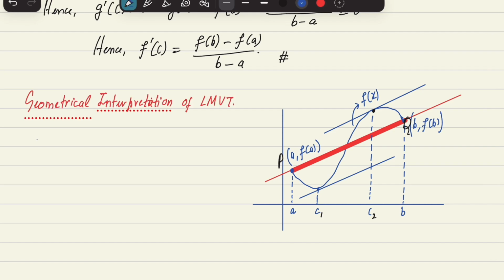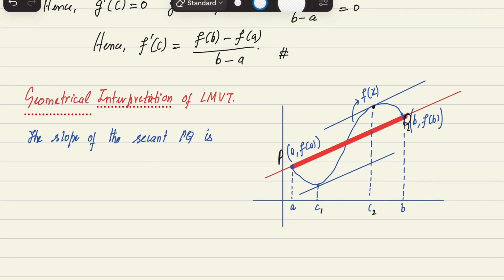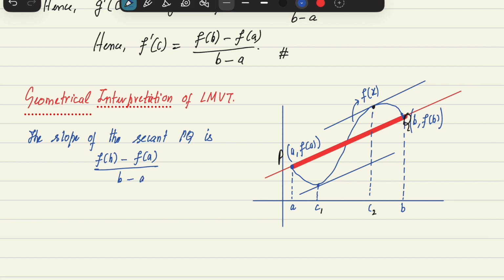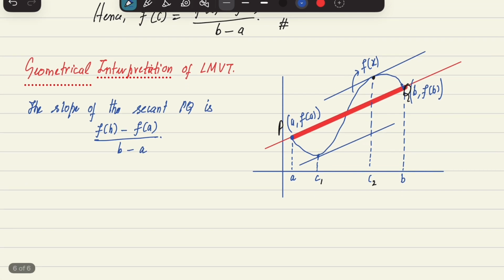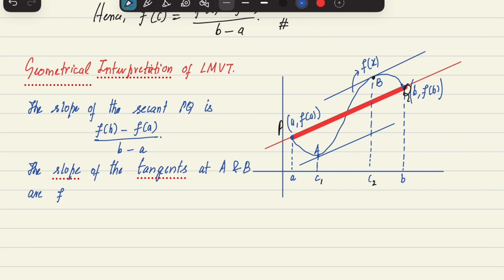The slope of the secant PQ is given by (f of b minus f of a) divided by (b minus a), and the slopes of the tangents at a and b are f dash of c1 and f dash of c2.